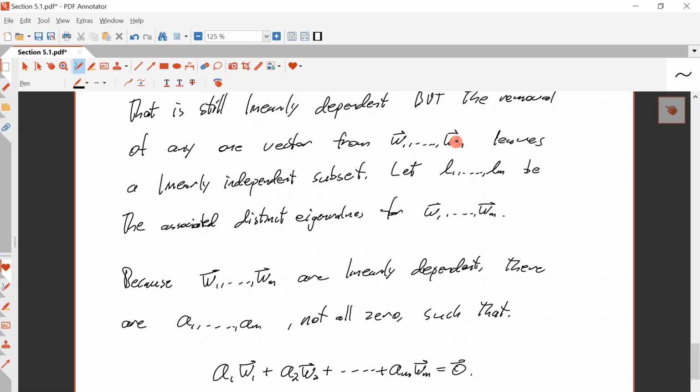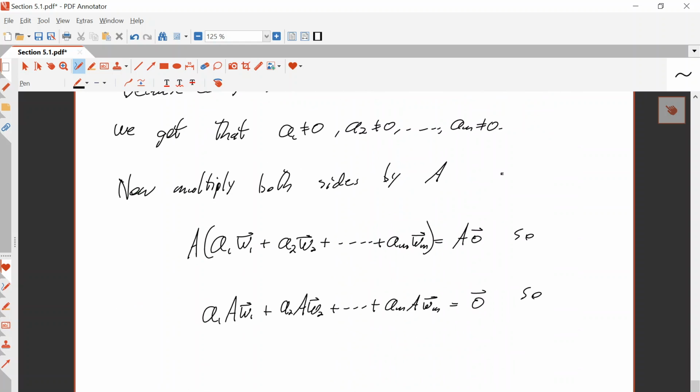A times WM is LM WM. So this is equal to A1 L1 W1 plus A2 L2 W2 plus AM LM WM equal to 0.